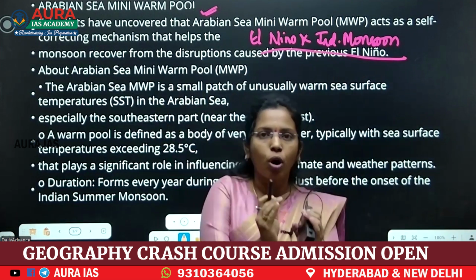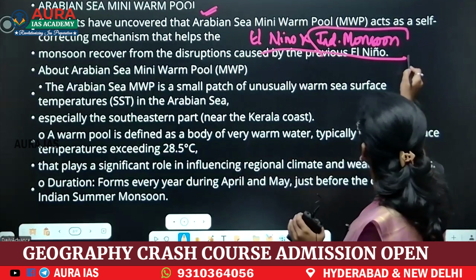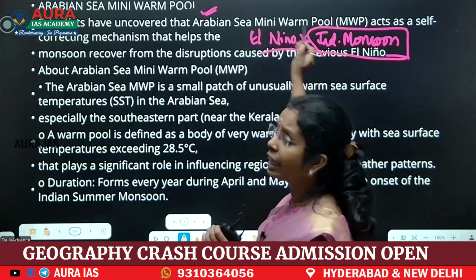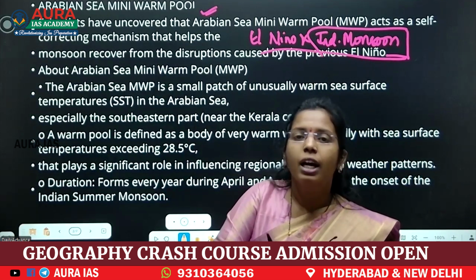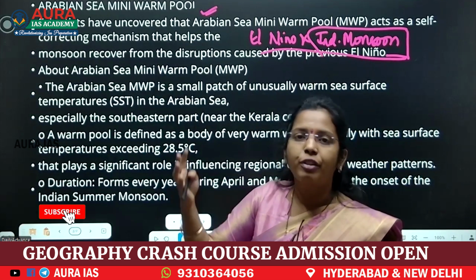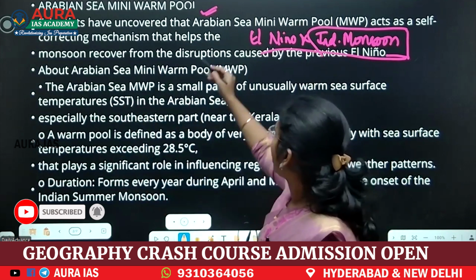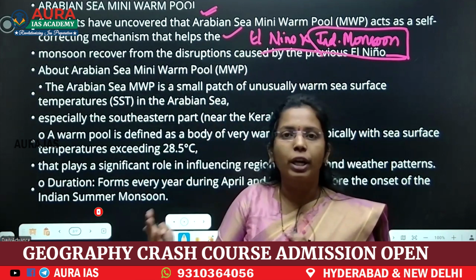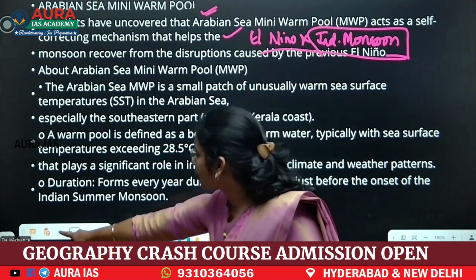Because of this small mini whirlpool, it helps our Indian monsoon. It acts as a self-correcting mechanism after the disruption created by El Nino. Like this, we are going to interlink current affairs with the static portion.